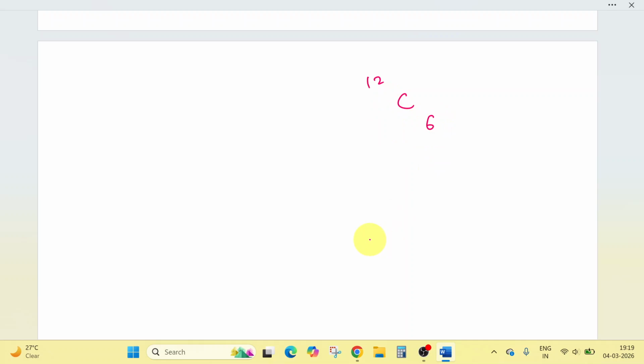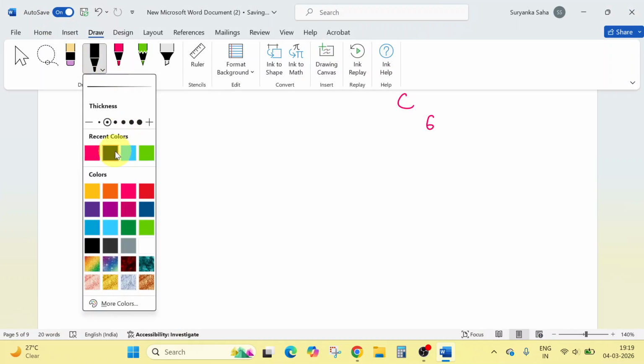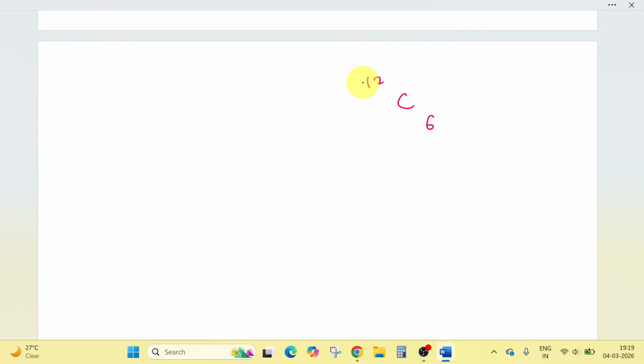Can anyone tell me? 12 is the mass number and 6 is the number of protons or number of electrons. Yes, you said mass number, so what is the other number? Atomic number. Yes, atomic number.